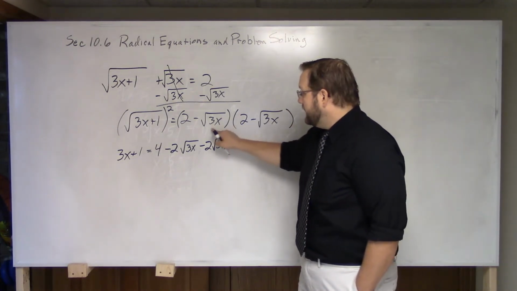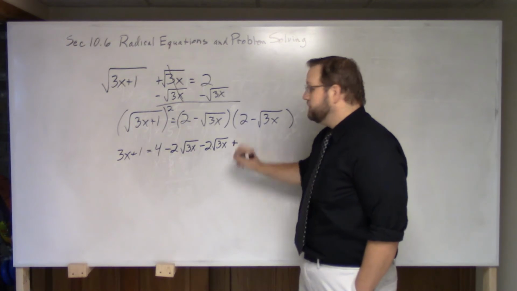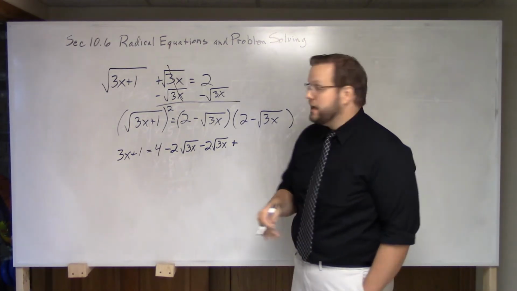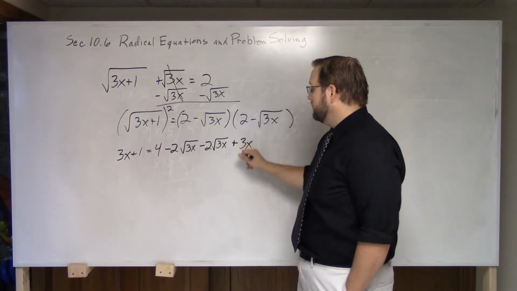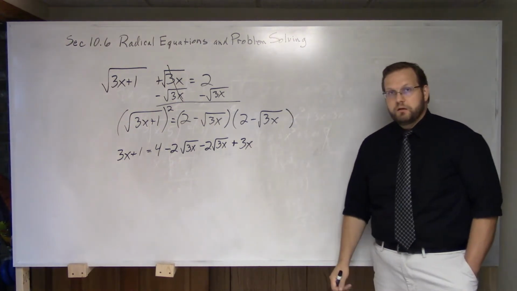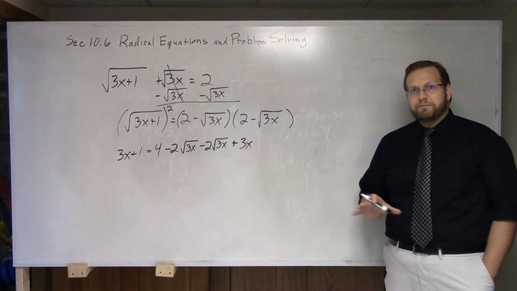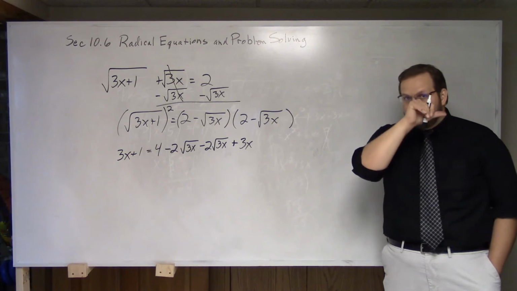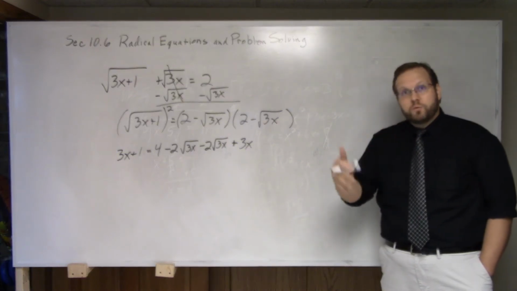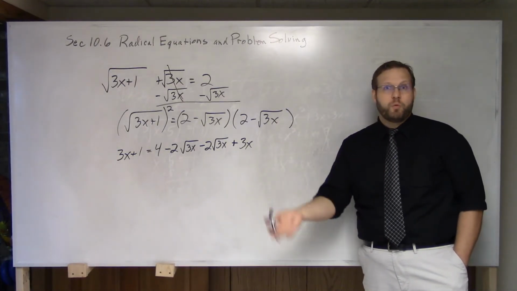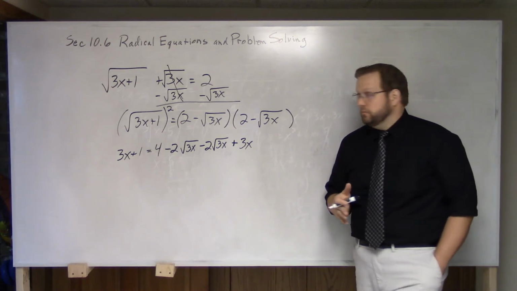And then here, negative times negative is a positive. Square root of 3x times square root of 3x just drops out that 3x. Okay? Again, if at any point you need to pause this video and look over what I just did, please feel free to do so. Or rewind, come back, do what you need to do.